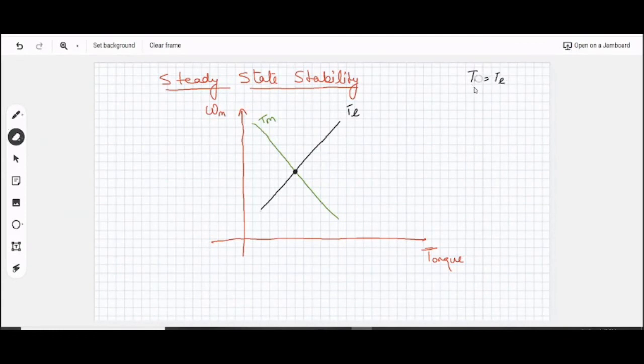Yes or no? Yes, sir. But Tm should be equal to TL at steady state. So this will be the natural operating point if we mark it as A. Yes or no?